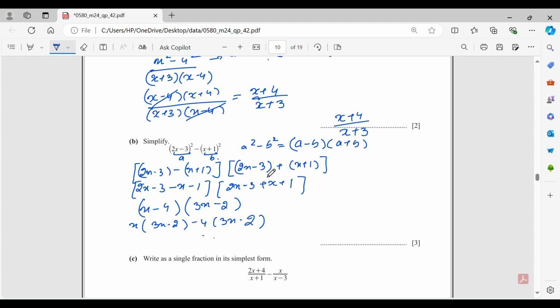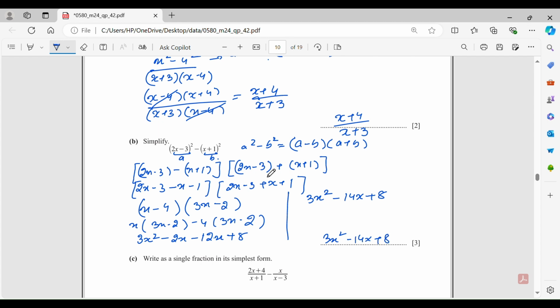This is 3x square minus 2x minus 12x plus 8. So our final answer will be 3x square minus 14x plus 8. So this is the answer, 3x square minus 14x plus 8.